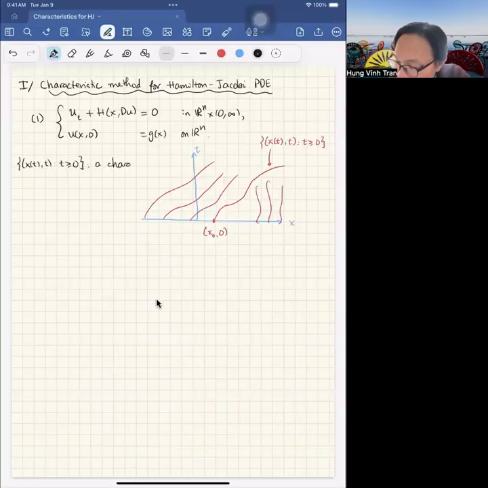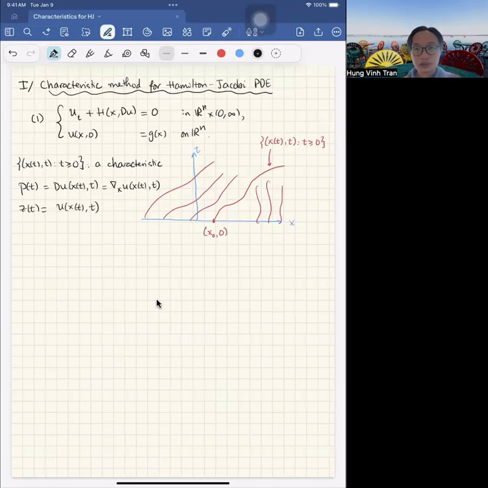We define p(t) equals the gradient of u in x, sometimes written as gradient_x of u(x(t), t). And we define z(t) equals u of x(t) along the characteristic. We have already derived the general formula for characteristics.